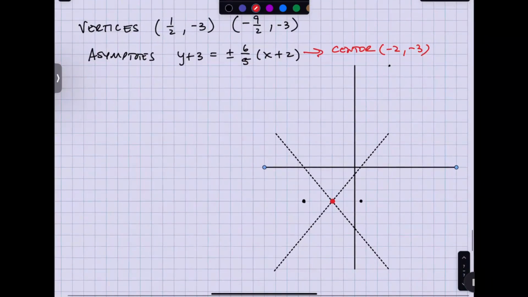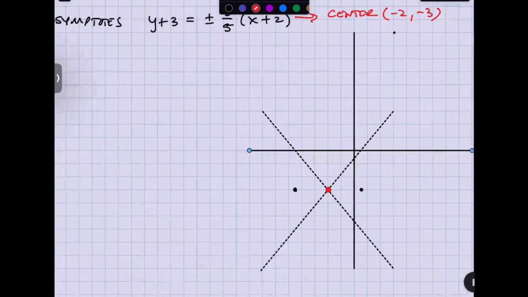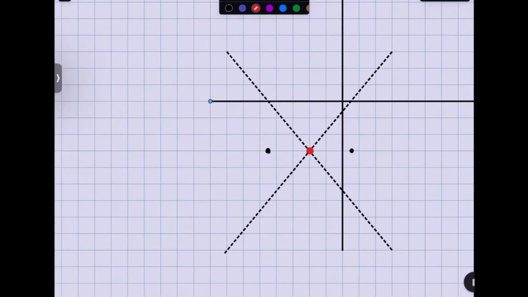Okay, now, I keep on clicking on the wrong thing. Okay, so how does that help me if that's the center? No idea.